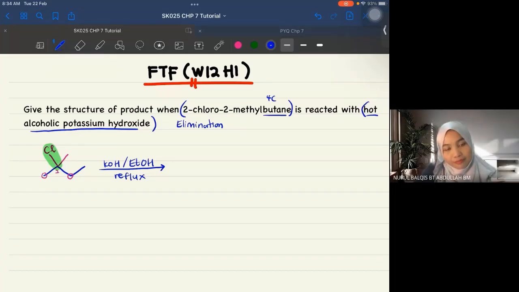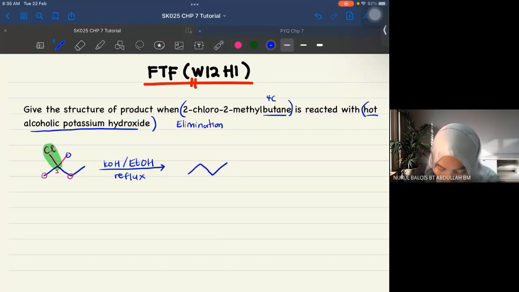Mixture, how many of them? We have three neighboring carbons, but then how many products to be formed, do you think? Are we going to form 3 products? 2. 2 only because they got the same environment, okay? Yang antara 1 dengan 1 tu, 1 dengan 2.